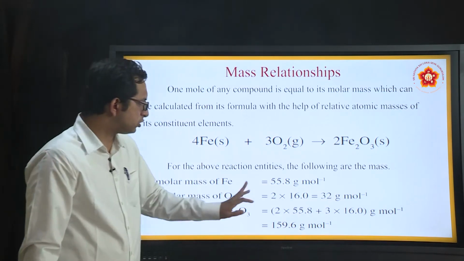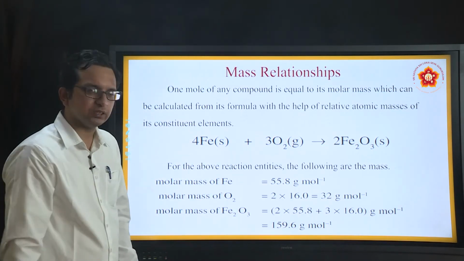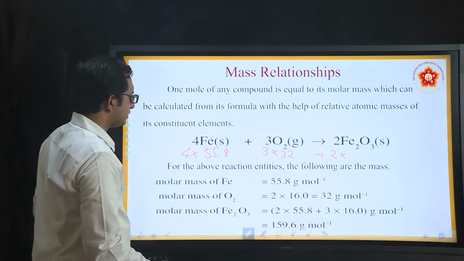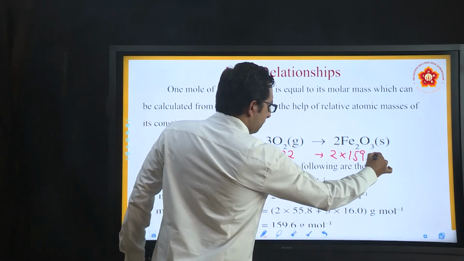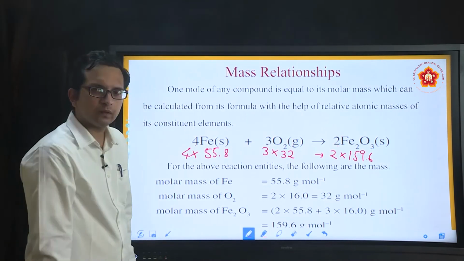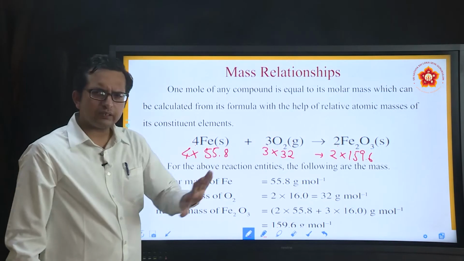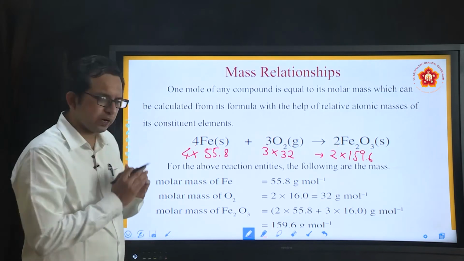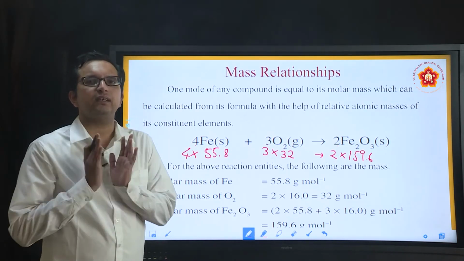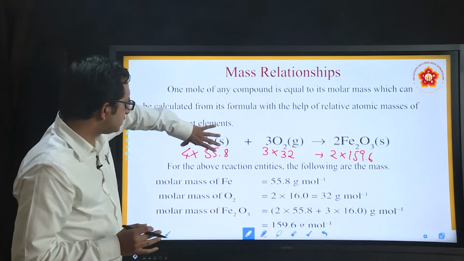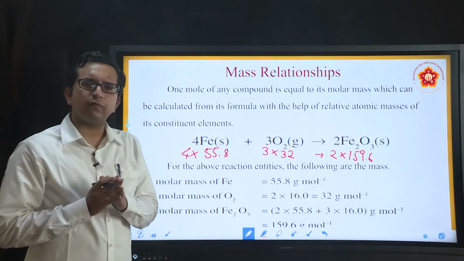So, in total it is 159.6. When I calculate this overall, it will be 2 into 159.6 in this case. So, what we understand here is that in terms of grams also, it will be dependent on one another. So, this is the overall amount of grams that we consider.